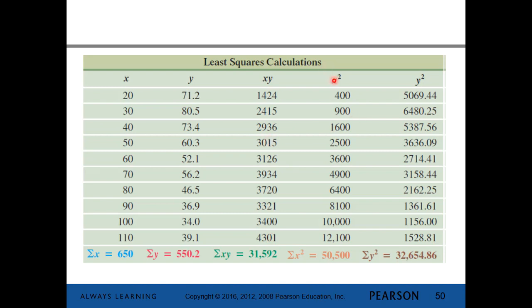And to get this column of numbers, we're just going to take this column and square them. So this gives us all these numbers. Okay, and then to get y squared we're just going to take this column and square all these numbers, and that's what gives us these numbers. Then if we sum down all of these columns, that's going to give us the numbers that we need to put into the formula. So here's our sum of x, here's our sum of y's, here's our sum of x times y, our sum of x squared, and our sum of y squared.